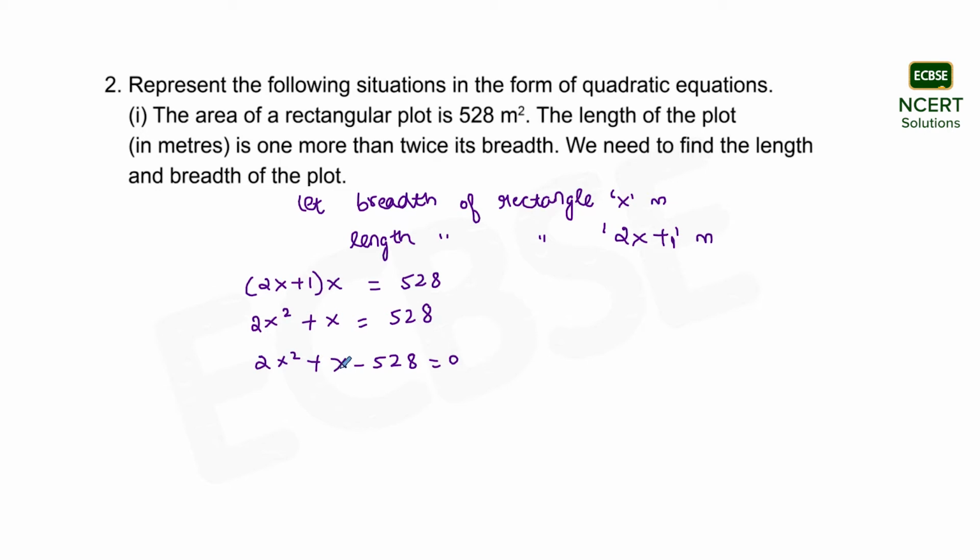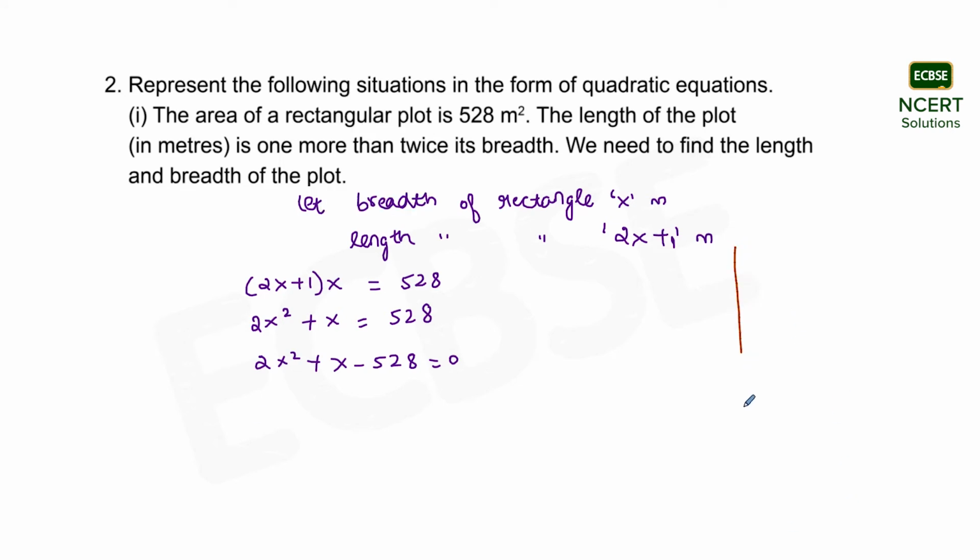That is, the middle term has to be split into two terms such that their product is equal to the product of the first and the last term of the quadratic equation, and their sum is equal to the middle term. So in order to split the middle term, I'll be multiplying 2 into 528, which comes out to be 1056, and we will find the factors of 1056.